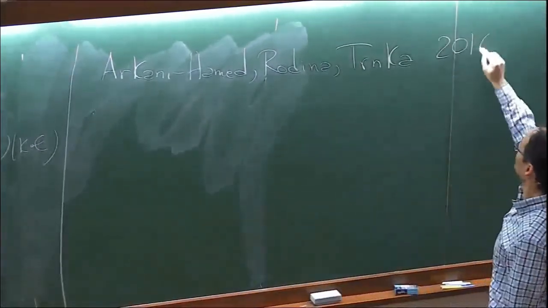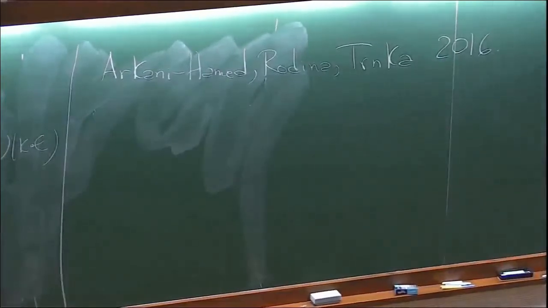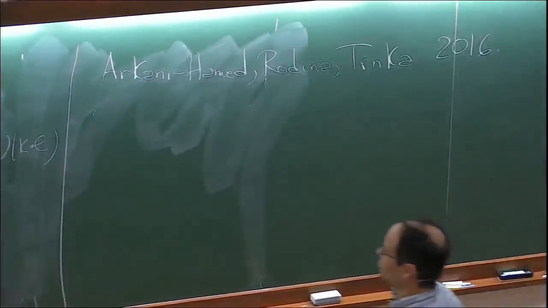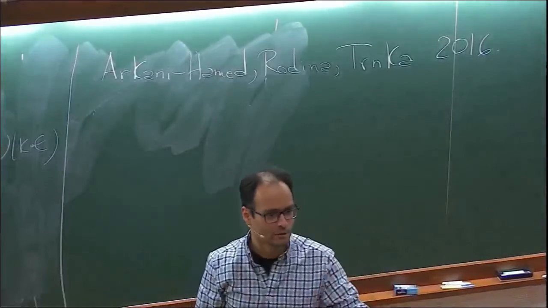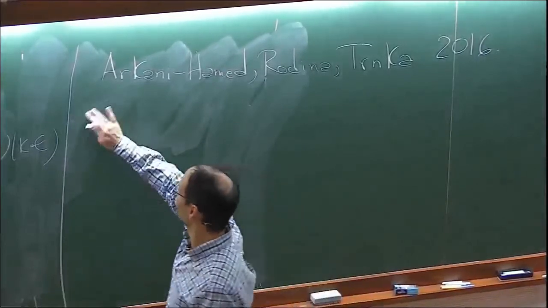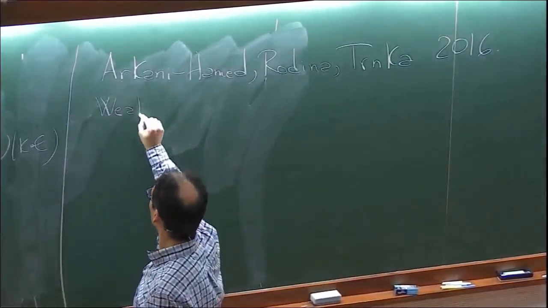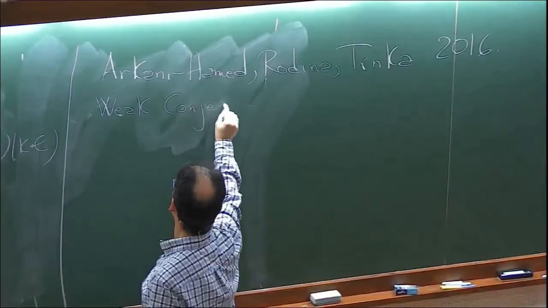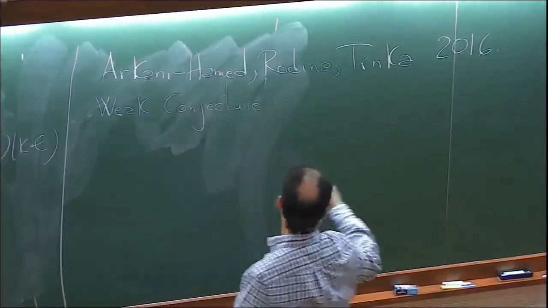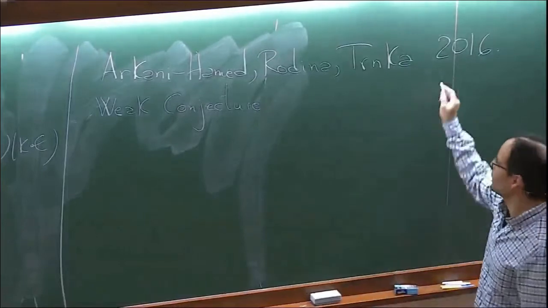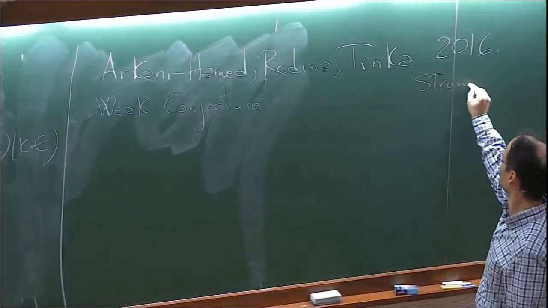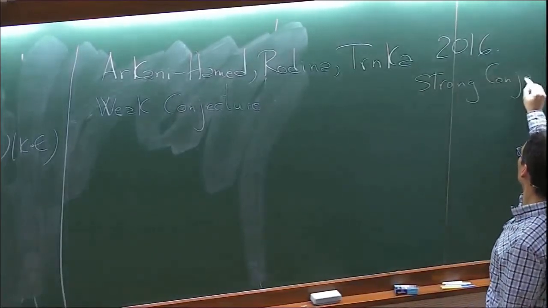And this was in 2016. They made two conjectures. One is the weak conjecture, not the weak gravity conjecture, but just the weak conjecture. And of course, if there is a weak, there has to be a strong conjecture.